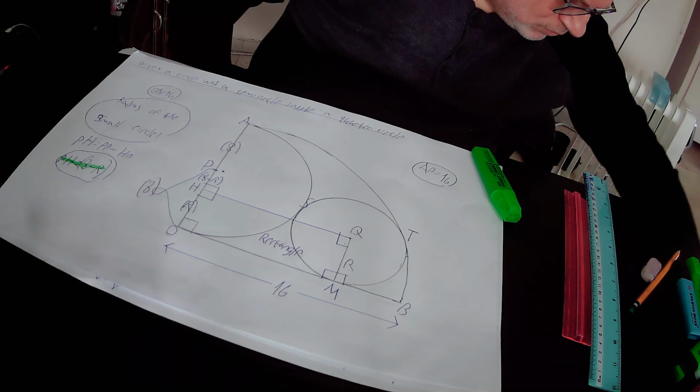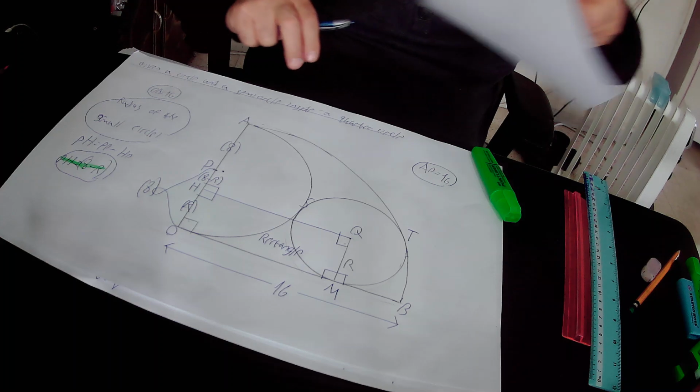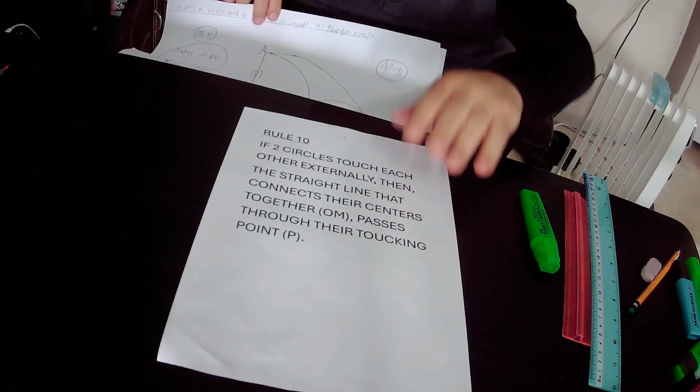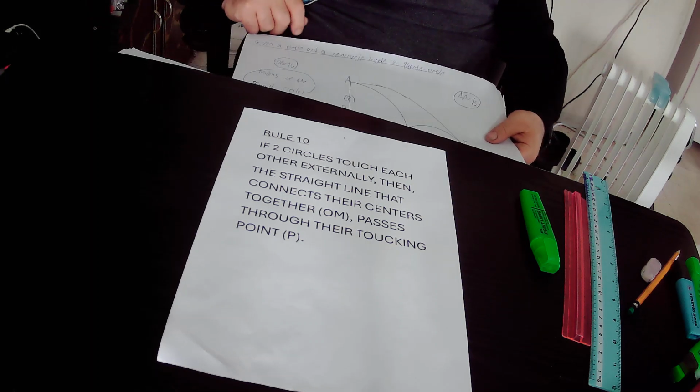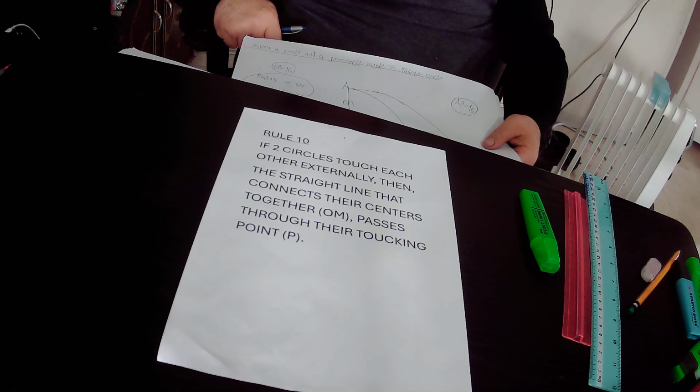According to rule 10, if two circles touch each other externally, then the straight line that connects their centers together passes through their touching points.